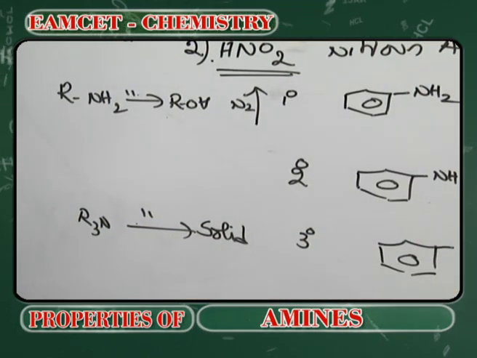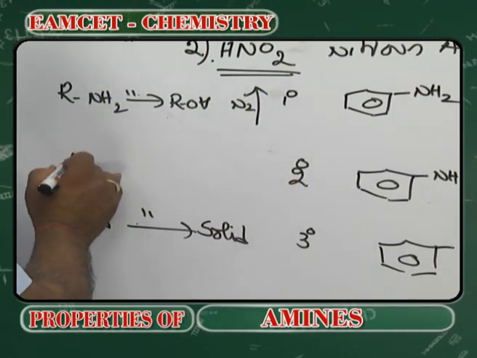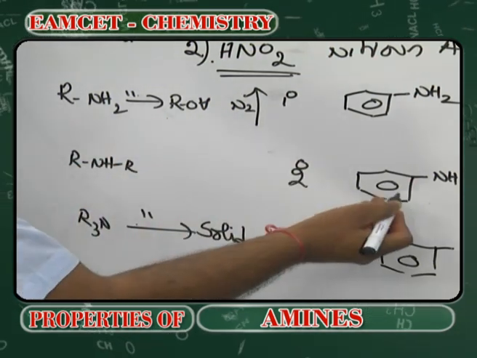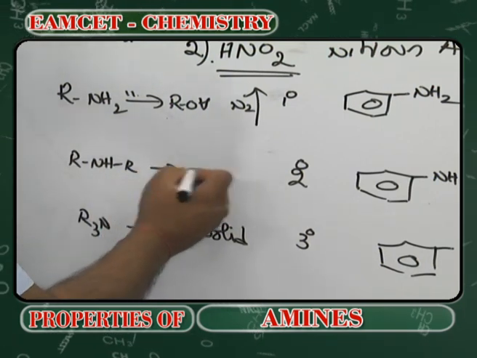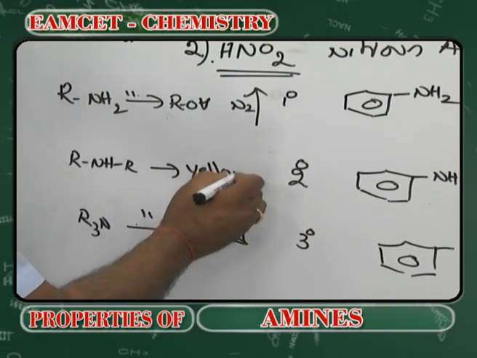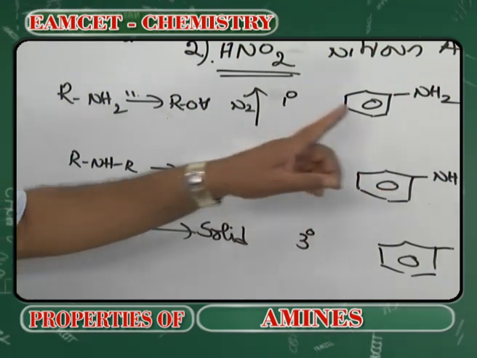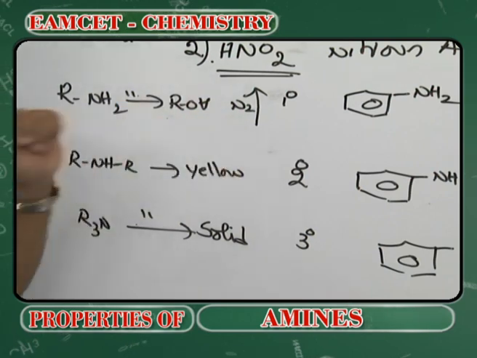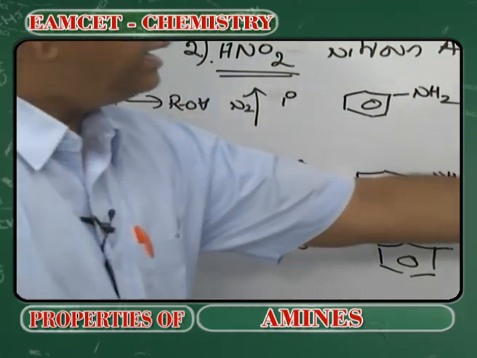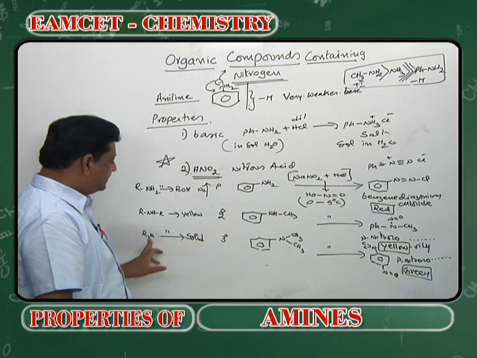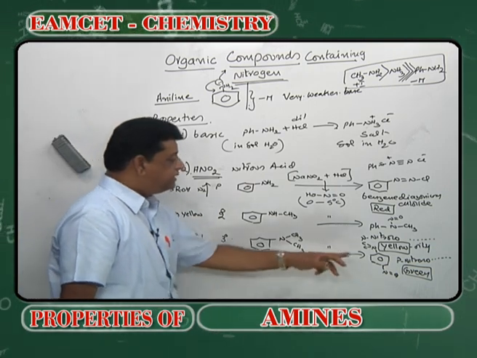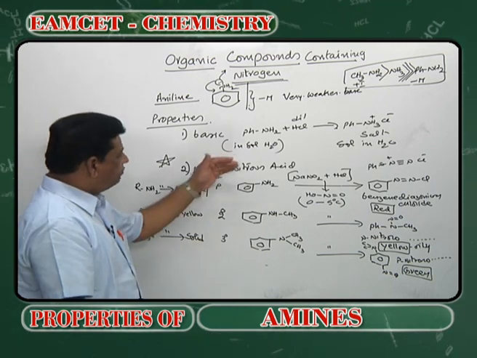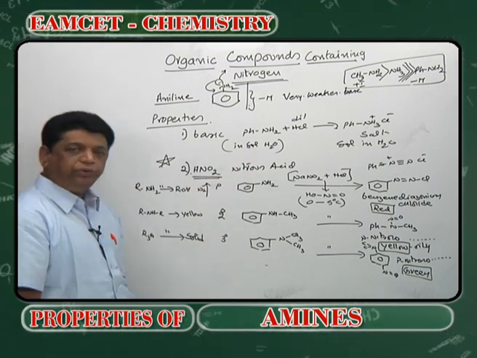Therefore only the secondary amine gives the same reaction as aromatic, so you cannot differentiate aromatic secondary and aliphatic secondary, both give a yellow product. But aliphatic primary amine gives nitrogen gas liberation, aromatic primary amine gives red color, aliphatic tertiary gives solid formation, aromatic tertiary gives green. So you can differentiate aliphatic and aromatic, or within the aliphatic also.